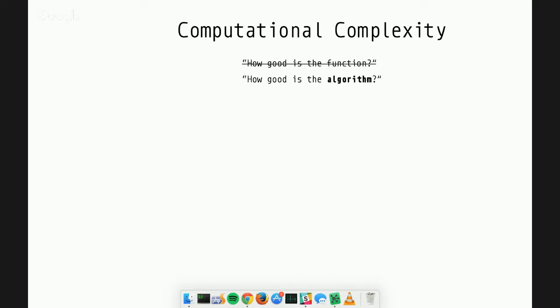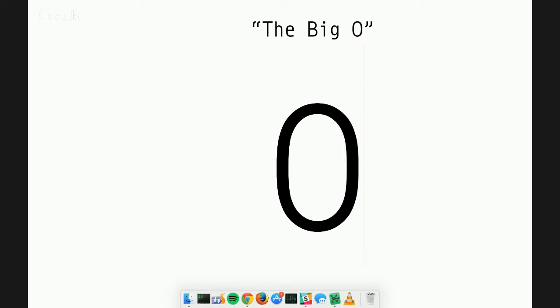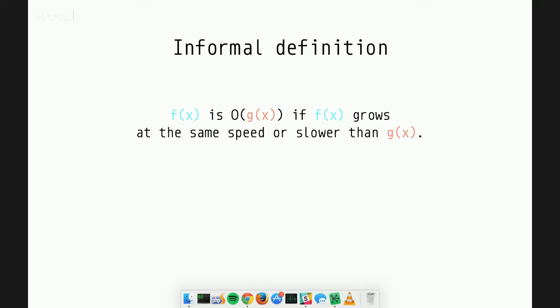So with that, we'll move on. The concept is Big O. Big O is a way of expressing the speed at which a function grows. And the informal, hand-wavy definition for Big O notation is that if you have two functions, f of x and g of x, and f of x grows at the same speed or slower than g of x, then we say that f of x is Big O of g of x.